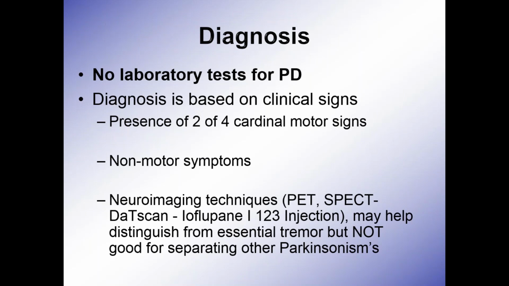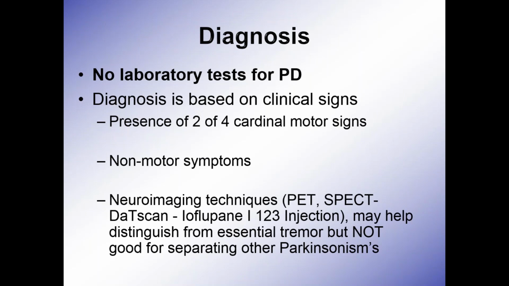So just to review, that was the tremor, rigidity, akinesia, bradykinesia, and postural instability, those types of symptoms. We basically need to see 2 of those 4 cardinal motor symptoms to lead us towards a Parkinson's diagnosis. In addition to that, your physician will look for the non-motor symptoms that are common to Parkinson's.